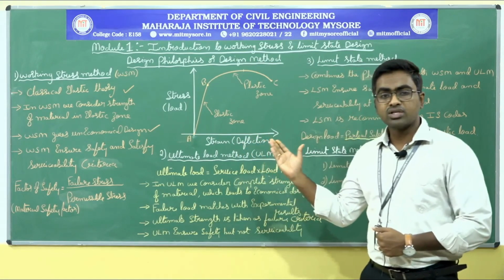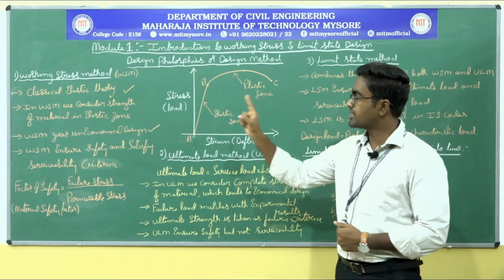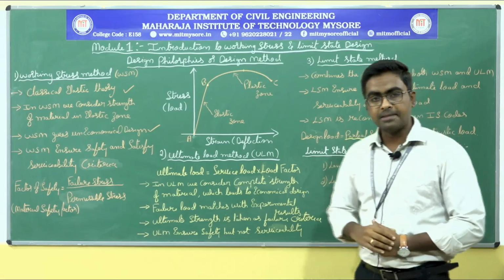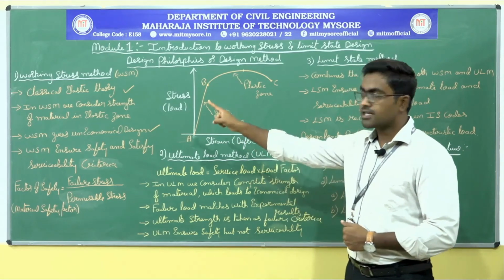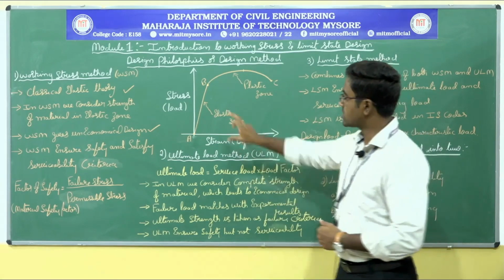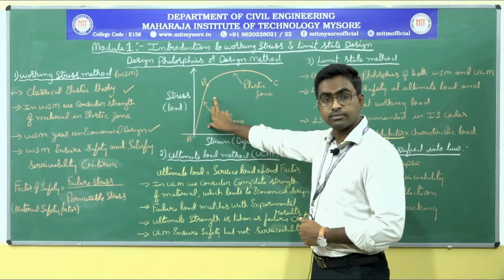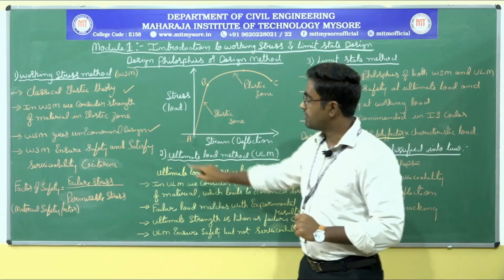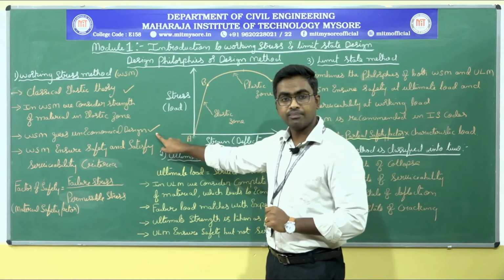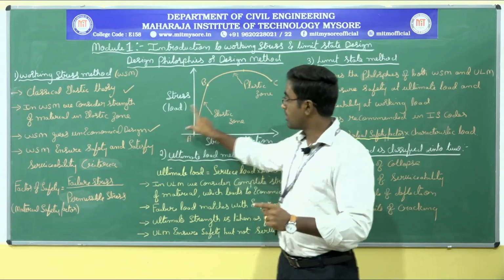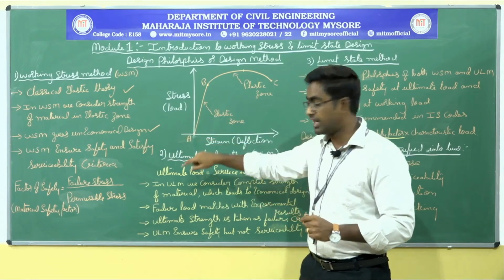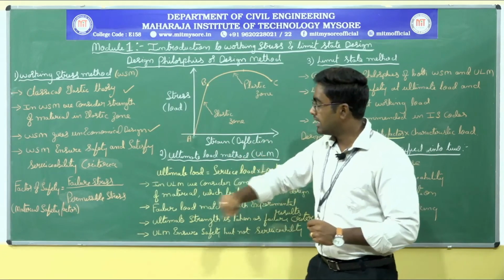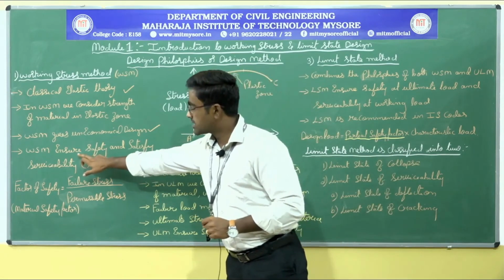So with this, let me conclude this session. In the design philosophies, there are three methods: working stress method, ultimate load method, and limit state method. In the working stress method, we use the strength of material in the elastic zone. That means we are underestimating the strength of material, which leads to an uneconomical design. But the advantage is, because we are decreasing the strength of material by using the factor of safety, it leads to a safer structure.